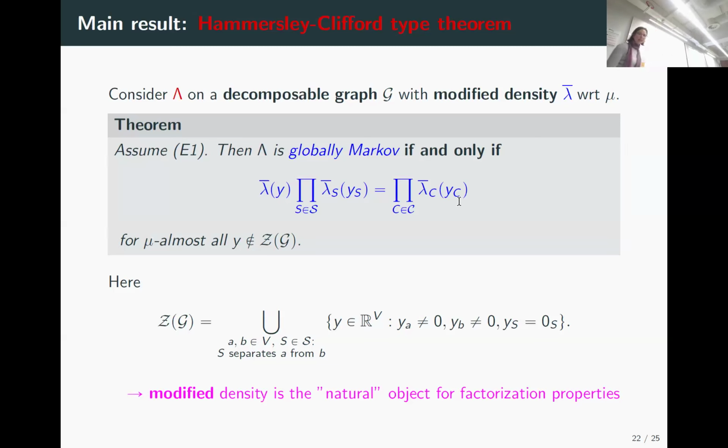It's kind of reassuring for us because it shows that this modified density is the natural object to look at. Any further research should also look at this modified density, and this is what we should be working with if we wanted to use that.